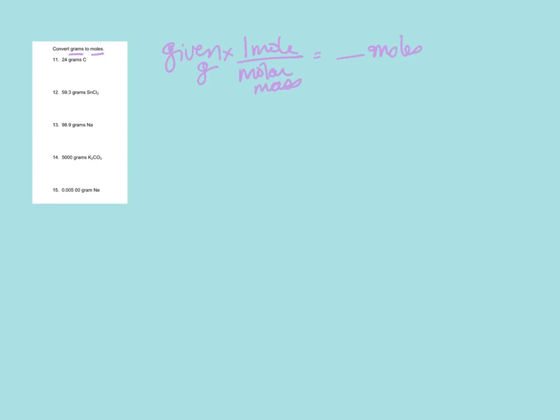For this one, I'm going to do number 12. I just want to point out for tin chloride, you're going to take the mass of the tin plus the mass of 2 chlorides to get the molar mass. So you're still looking at the periodic table. You're just adding up all of the parts of the ionic compound. So we're given 59.3 grams.